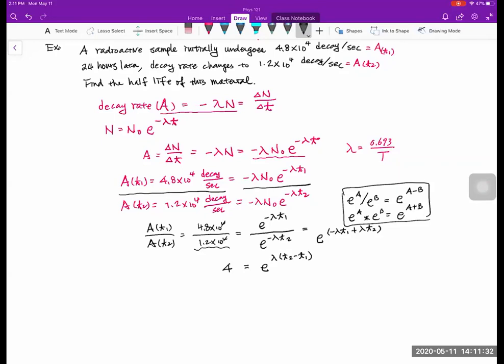What is the T2 minus T1? That's how much time it takes to go from the 4.8 to 1.2. So that is the T2 minus T1, and that is e to the lambda times 24.